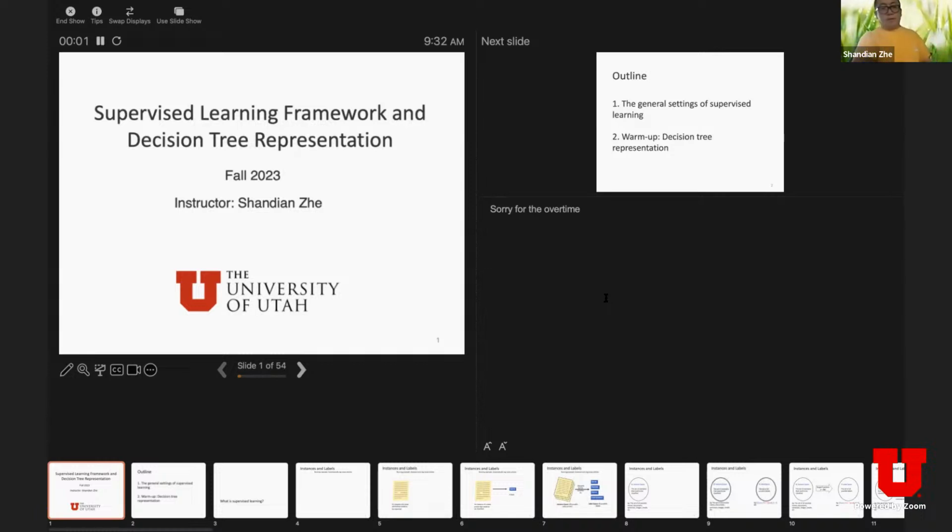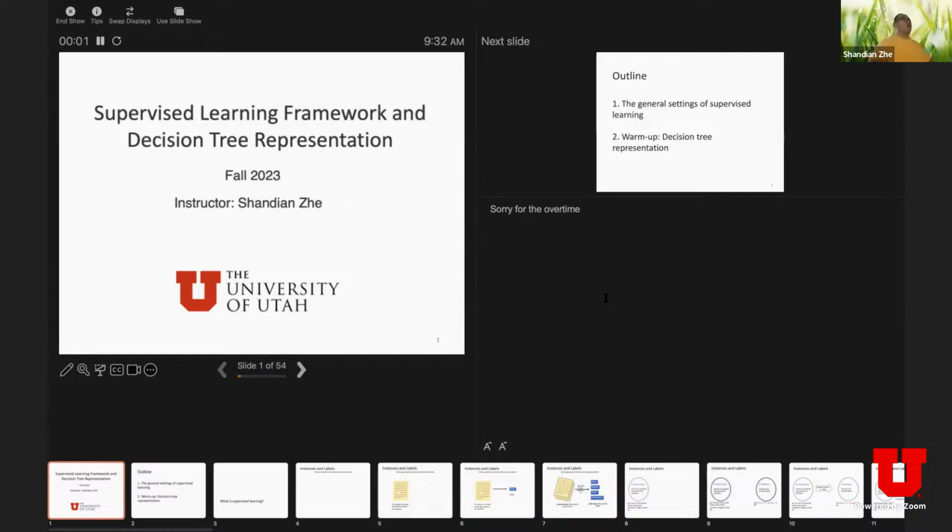For this example, if you use 1 and 3 as the thresholds to bin those features, we get this decision tree. Of course, if you use other thresholds, we're going to have other decision trees. This is what the tree looks like. An interesting thing we want to look at is the decision boundary. So what's the decision boundary?